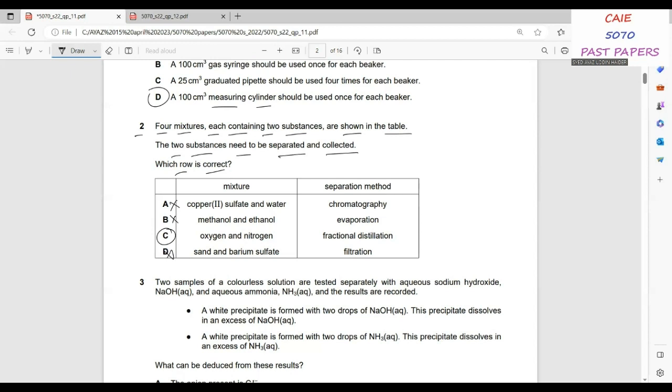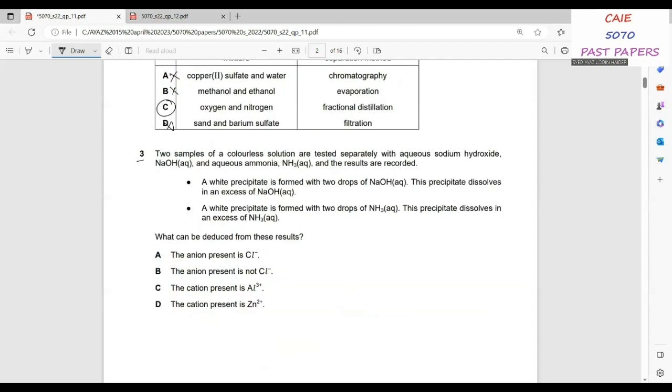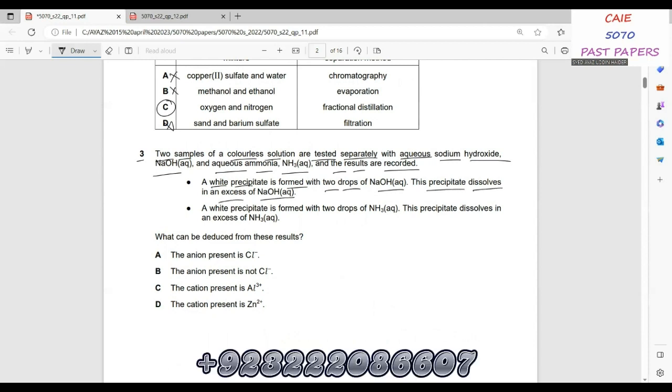Number 3. 2 samples of a colorless solution are tested separately with aqueous sodium hydroxide, NaOH, and aqueous ammonia, NH3, and the results are recorded. A white precipitate is formed with 2 drops of aqueous NaOH. This precipitate dissolves in an excess of aqueous NaOH.